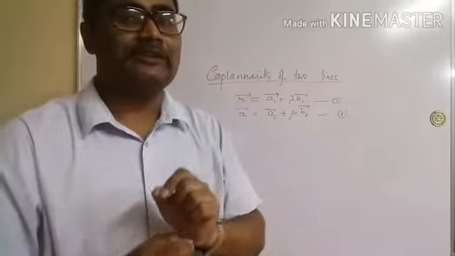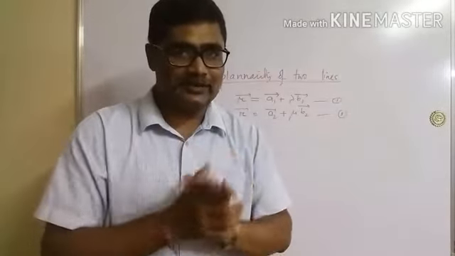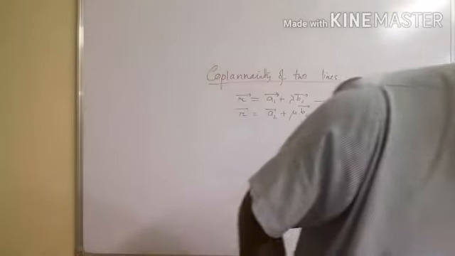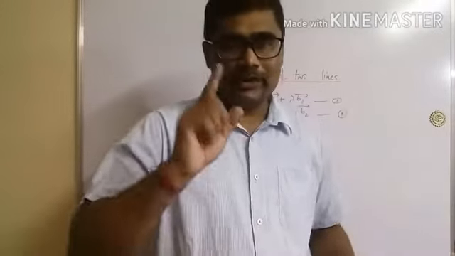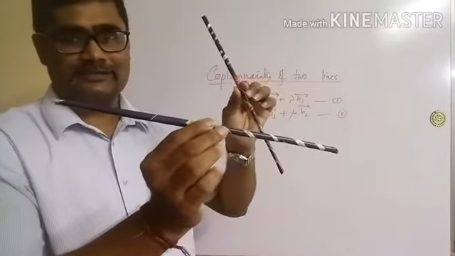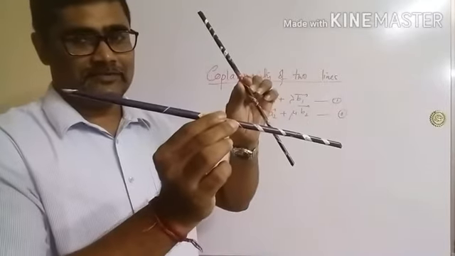Remember, I would like to show you this difference by physical interpretation so that you will be able to understand. First of all, I am going to show you why we can have two coplanar vectors. This is one vector, this is another vector. Like this I am rotating, so there is no link, but still they are coplanar.